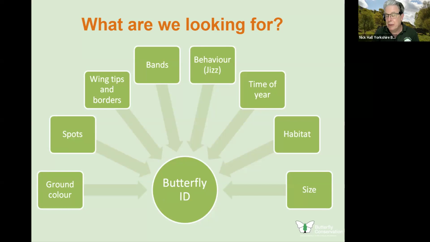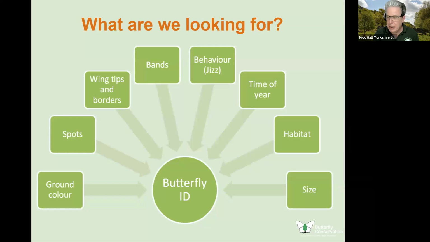The next most important is probably behavior. What a bird person would call the jizz of a species: how it flies, how it's behaving. Another really important one is time of year, because some butterflies only live for a day or two. Some will live for a whole year, but the average is about 10 days, and they're within certain flight periods. So it's very important that we know a little bit about what we should expect at any particular week of the year.